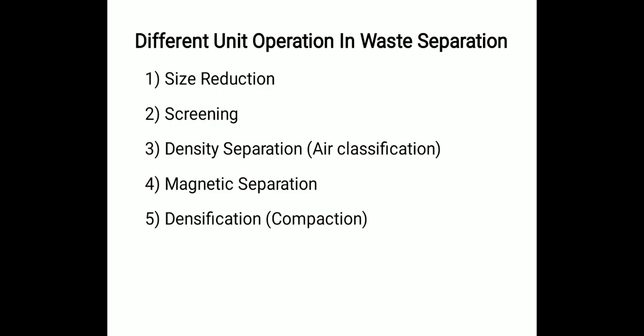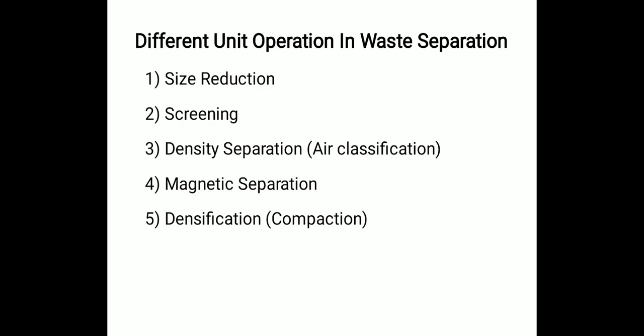Next is magnetic separation, in which we recover ferrous material from the mixed waste by using the magnetic principle. And the fifth unit operation is densification or compaction, where different types of mechanical compactors are used for the compaction process. It is also known as a volume reduction technique.